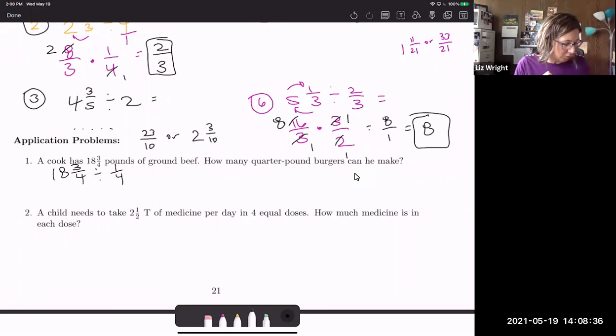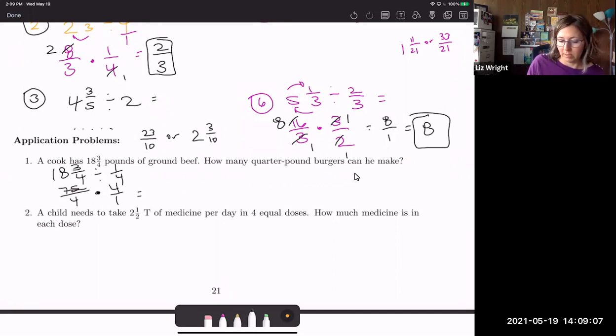So if I was you, I would go ahead and take your first fraction here, your mixed number, and convert it into improper form. So we're going to do 18 times 4, which should give us 72. And then we're adding the 3 to it, which is going to give us our 75. So we're getting 75 over 4, and we're going to change, we're going to flip.